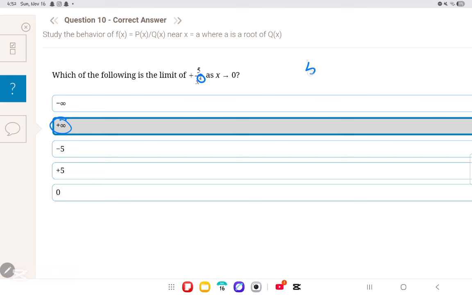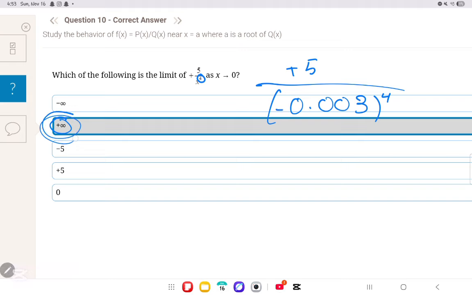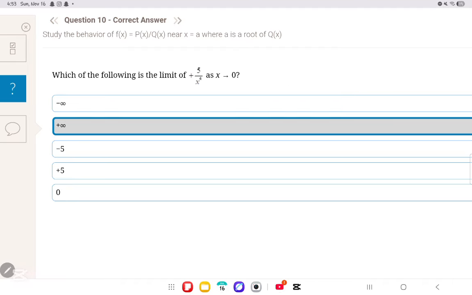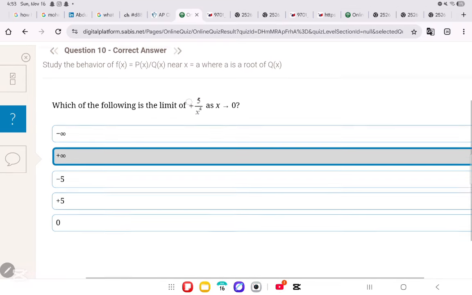If I chose, for example, 0.003, what will I get as an answer? 5 over 0.003, and don't forget to the power of 4. I will get a very, very large answer. If I put minus 0.03 to the power of 4, I will get the exact same answer. Because it's even, it is plus infinity. If it was odd, it would be plus and minus infinity.